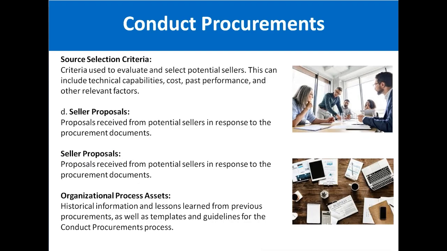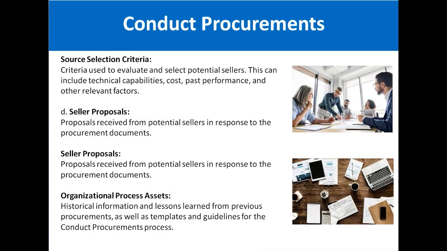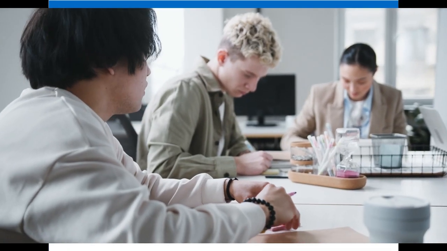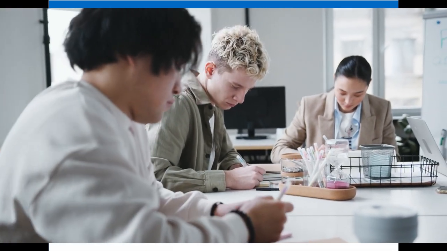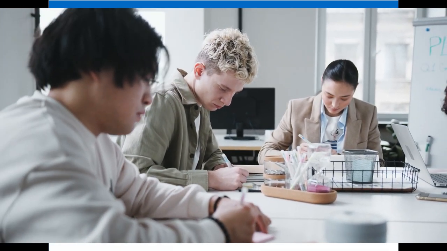Then source selection criteria, meaning the criteria on which you will select the seller, for example technical capabilities, cost, past performance and other relevant factors. All those factors and criteria should be defined properly in the documentation.